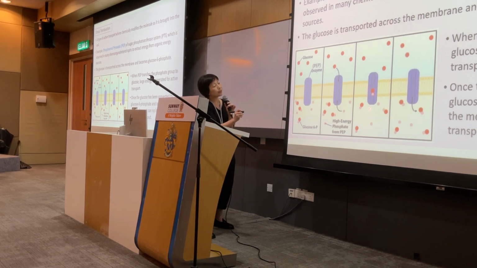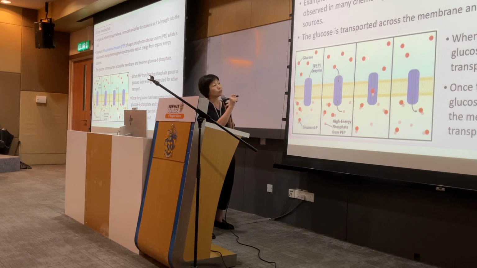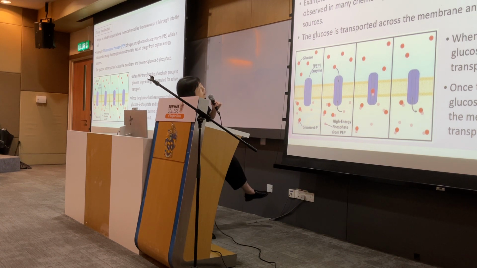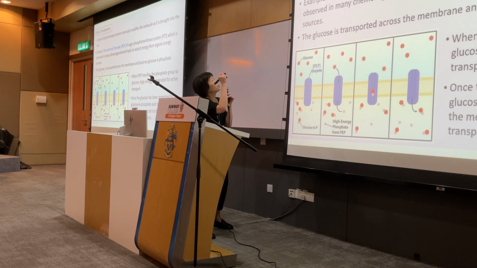Inside this PEP, they give the phosphate group to the glucose, and therefore outside it is glucose. When it passes through this PEP and comes into the cytoplasm, it becomes glucose 6-phosphate. So going through this, they are changing and modifying the glucose molecule into a different molecule. And when it becomes glucose 6-phosphate, there is no way back for it to go out again. So this is called group translocation.